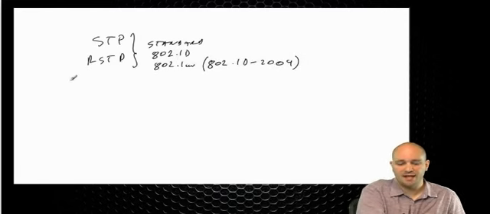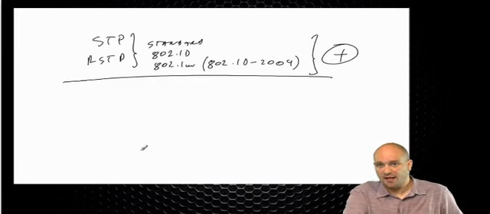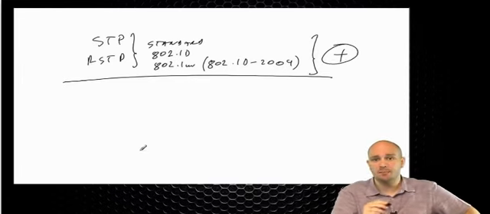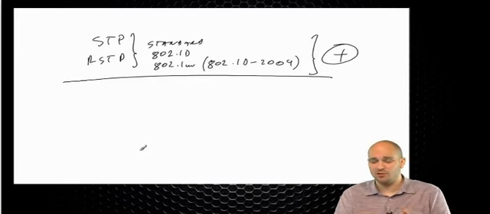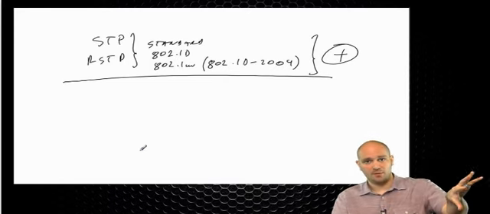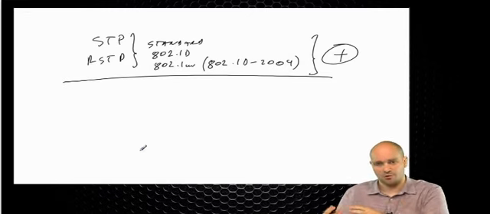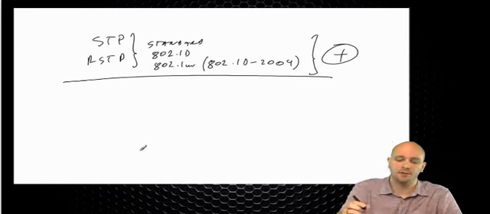These are the standard-based ones. Now, Cisco supports this with that plus thing. You cannot configure these modes as the only spanning tree modes on your switch. You can only support them through rapid per VLAN spanning tree or per VLAN spanning tree plus, or with MST, which also has backwards compatibility with them. But you cannot run this mode on the switches.